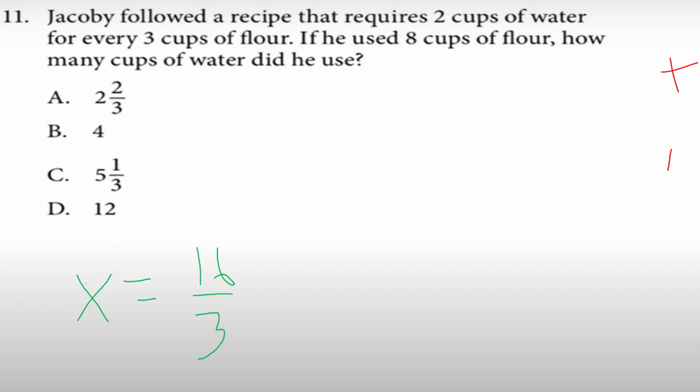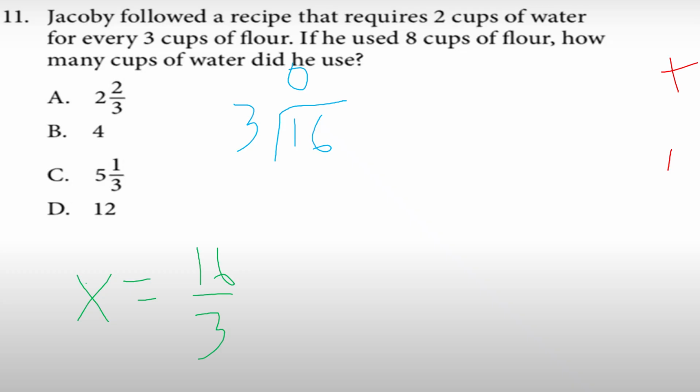All right, so to turn that improper fraction into a mixed fraction, we just divide 16 by 3. So 16 divided by 3. All right, so 3 can't go into 1. We put a 0 over that.